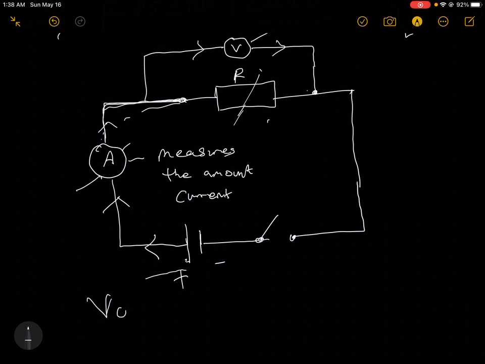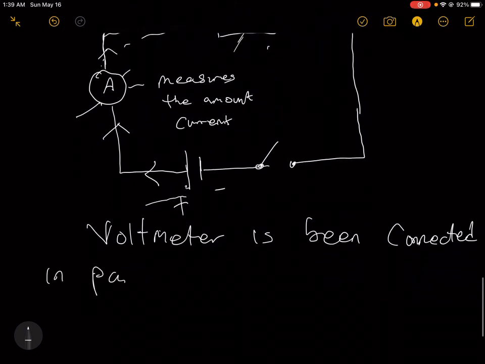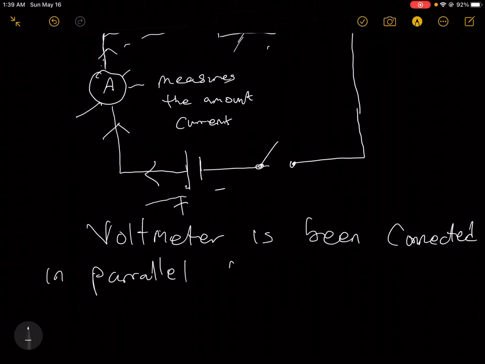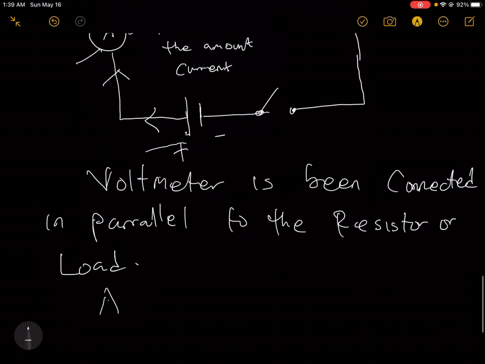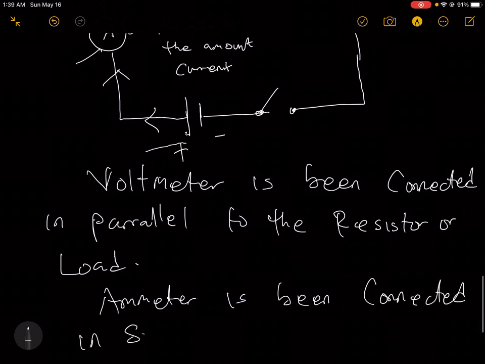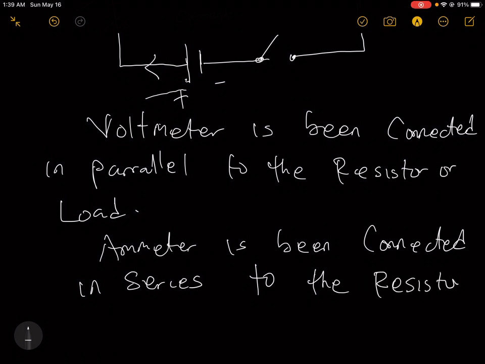Voltmeter, let me put it that way. Voltmeter is being connected in parallel to the resistor, or load, while ammeter is being connected in series to the resistor, or load.